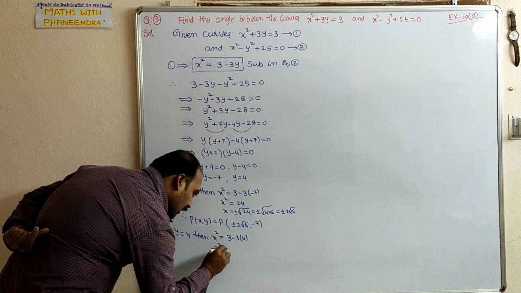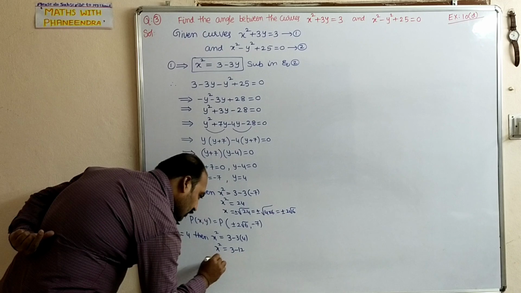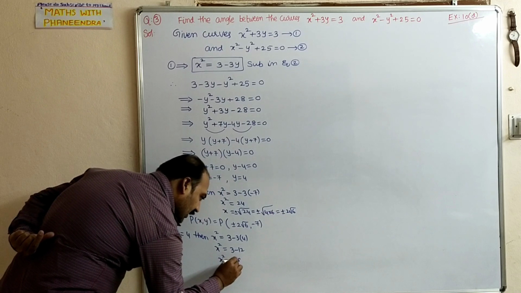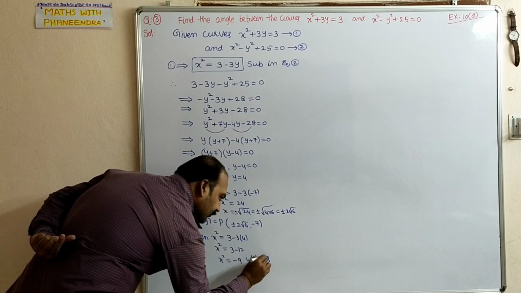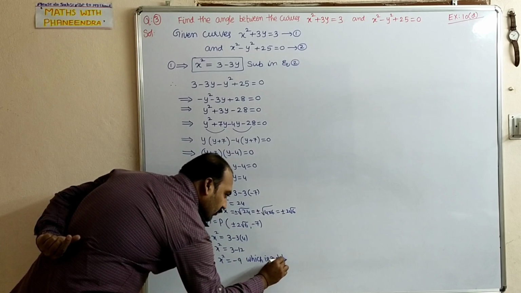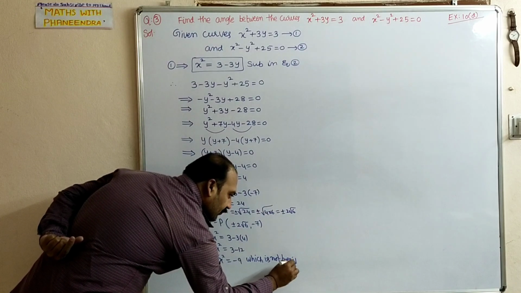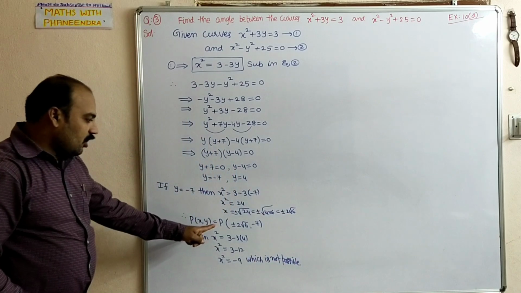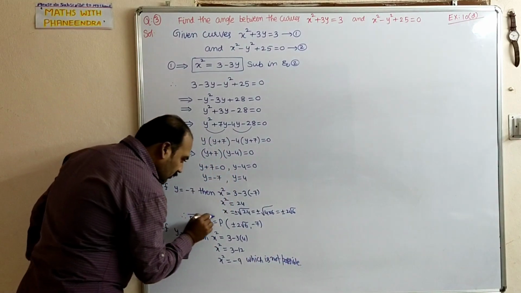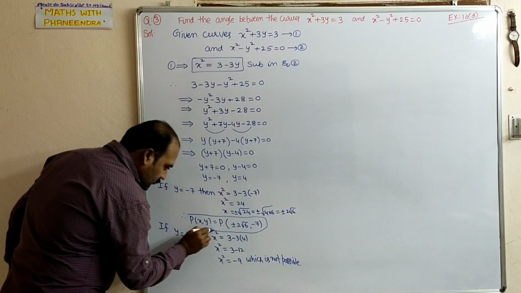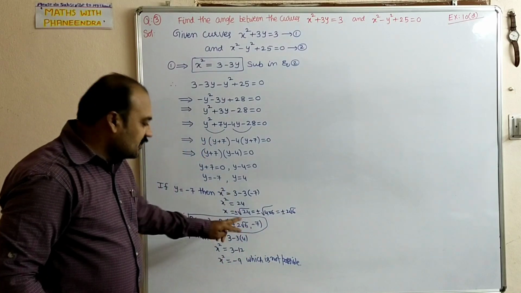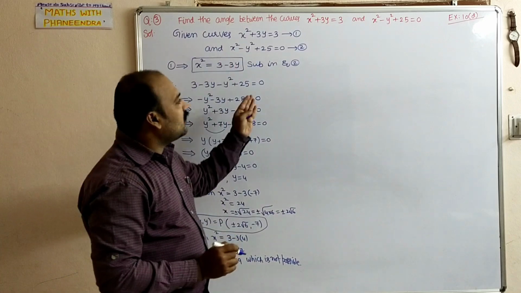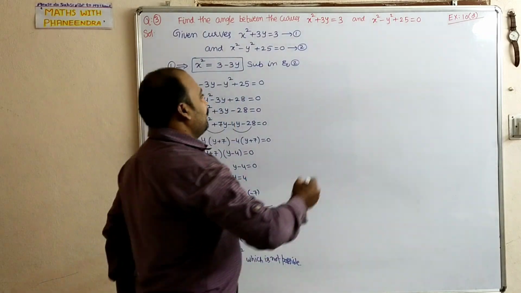So x square equal to 3 minus 12, x square equal to minus 9, which is not possible. So here we got the points plus or minus 2 root 6 comma minus 7. At this point we will calculate both the curve slopes as well as angle.